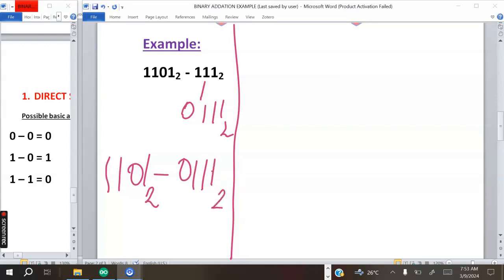So if you look at the two scenarios, the number of binaries are equal on both sides.